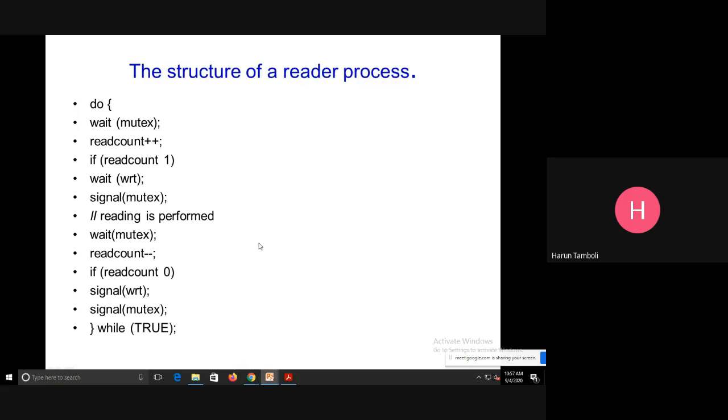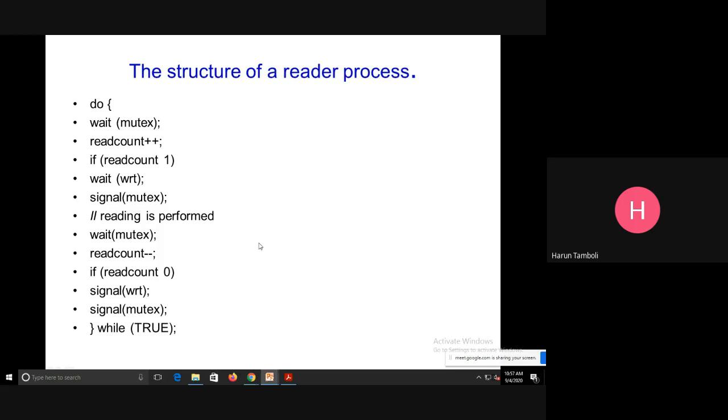After reading it performs the wait operation on mutex. Why? Because it wants to decrement the read count.